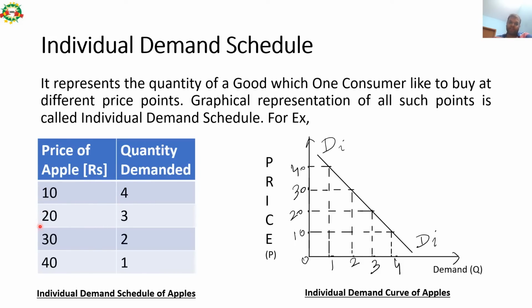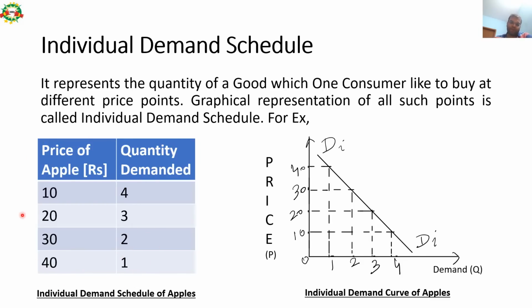If the price increases to, say, 20 rupees per apple, he may like to buy only 3 apples. The quantity demanded by one individual gets reduced. Say the price increases to 30 rupees, demand may reduce further to 2 apples, and at 40 rupees, demand may go down to 1 apple.